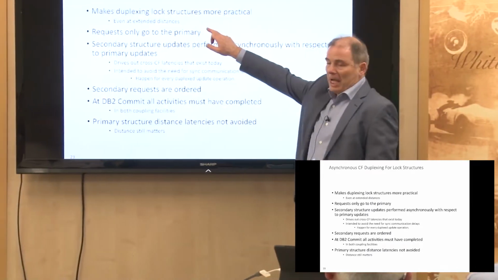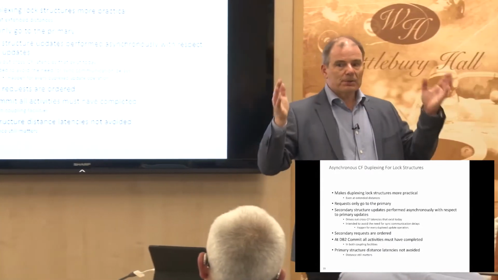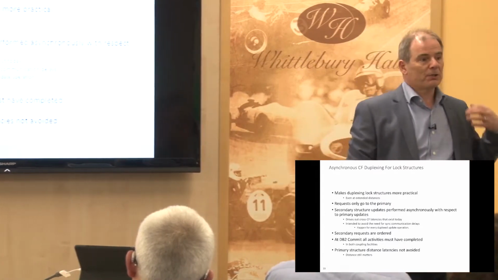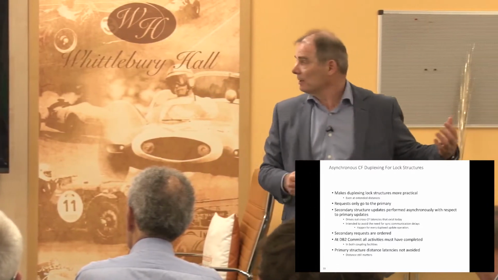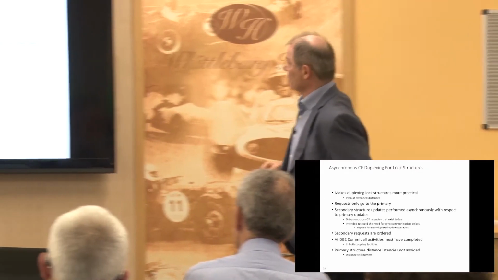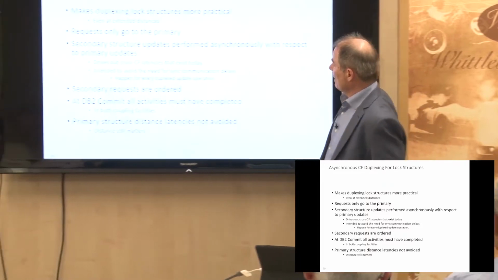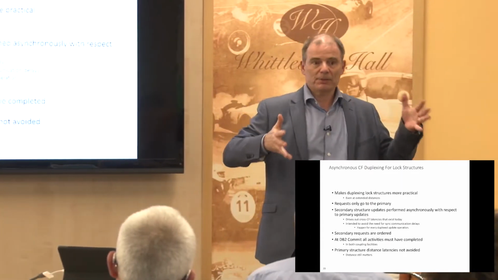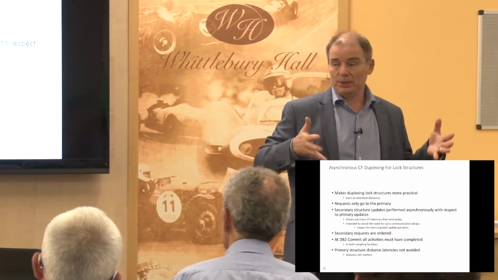The requests now, instead of going to both places, go to the primary. And the updates to the secondary structure, caused by those requests, happen asynchronously with respect to the primary updates. So that takes out a lot of the coupling facility to coupling facility latencies we see today.